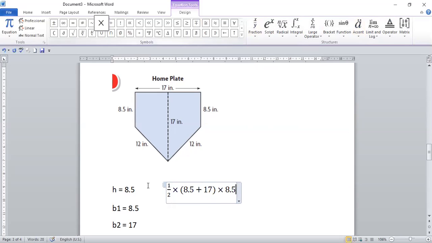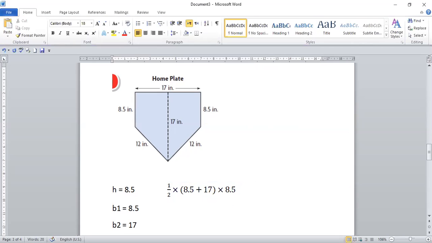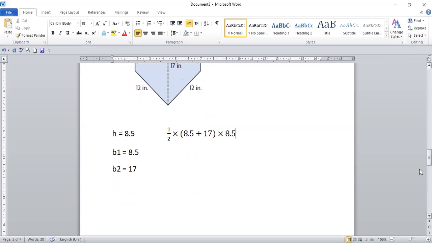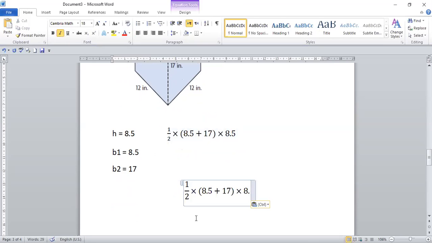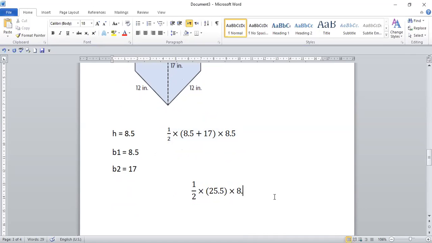So we have to solve all of these. To solve all of these, of course, we have to use our brain more and more. As usual, we solve the brackets first, the parentheses first. So how much is 17 plus 8.5? 17 plus 8.5 is going to give you 25.5, because 17 plus 8 is 25, and there's a 0.5.